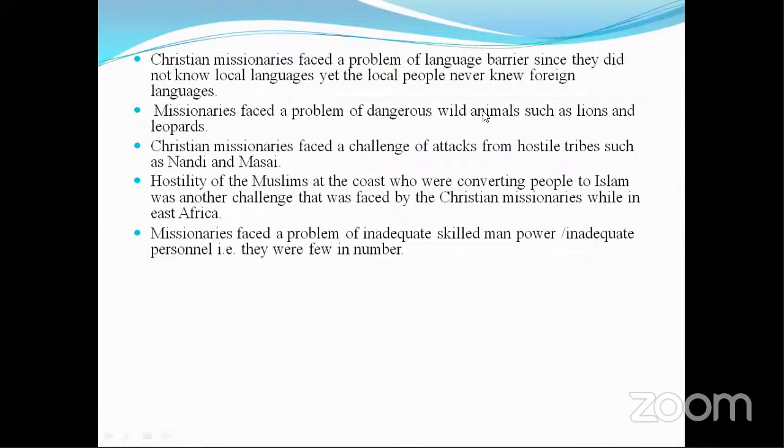We are looking at people who could teach Africans, because these Africans were illiterate. So there was a need for some technical people to teach these Africans the different languages and the skills in doing some other things. So they didn't have these people: the experts in carpentry, the teachers, you understand, because these people needed to be taught all of this. So that is what we are looking at: inadequate personnel, inadequate manpower.